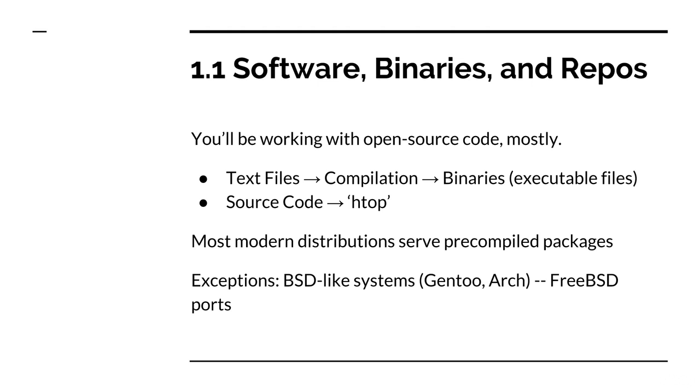Most modern Linux distributions have servers that save you from that compiling step. That is, they pick some default compilation options and settings, and they compile all the popular software that their users want, and they stick that up on a server so that anyone that wants it can save themselves the compilation step, right?